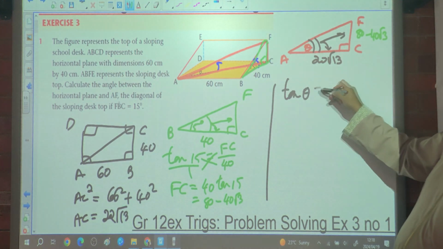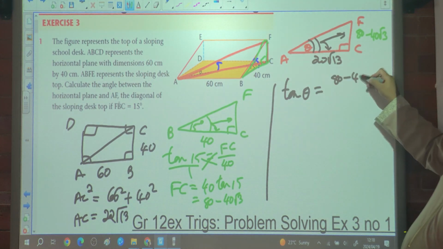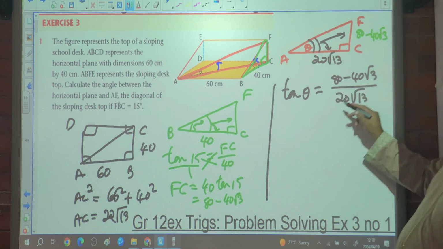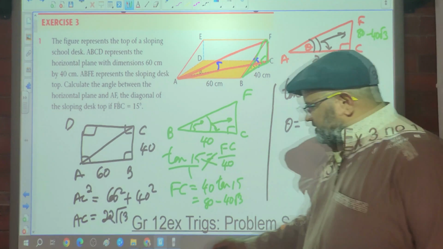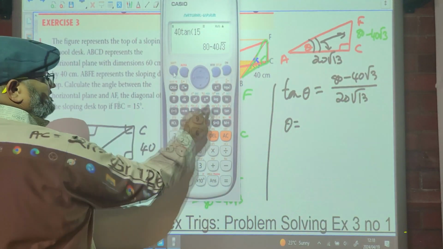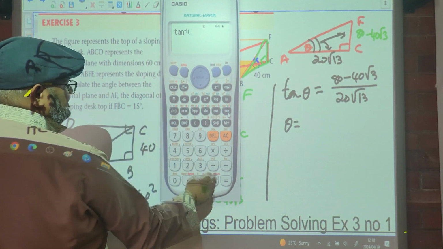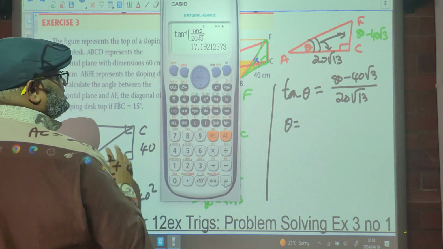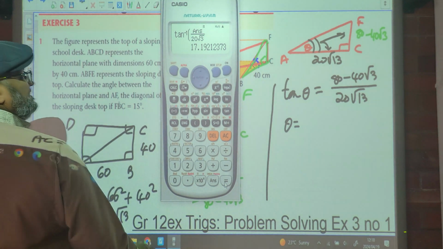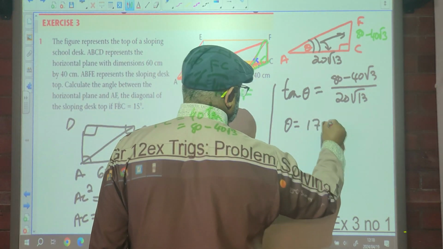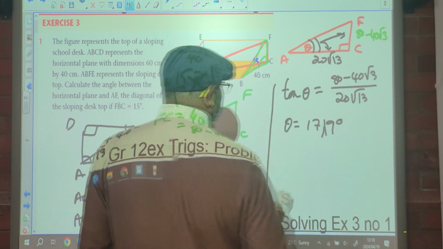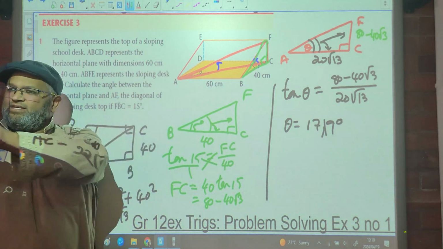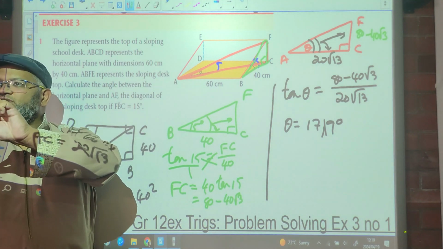So tan of theta is equal to opposite, which is 80 minus 40 root 3, over 20 root 13. So theta is equal to arc tan of that. So arc tan, we shift tan, answer over 20 root 3. Let's check the answer there quickly. 17.19 degrees. As you can see, the slope is fairly shallow, gentle, not so.